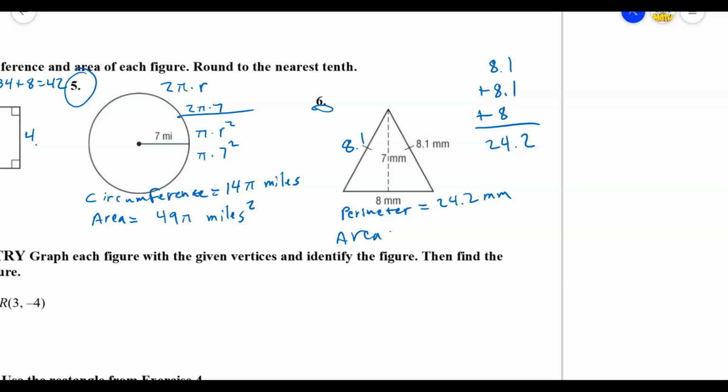And for area, for a triangle, it's 1/2 the base times the height. So 1/2 base times height here is going to be 1/2 times 8 times 7. So 1/2 times 8 is 4, times 7 would be 28. And it's 28 millimeters squared.